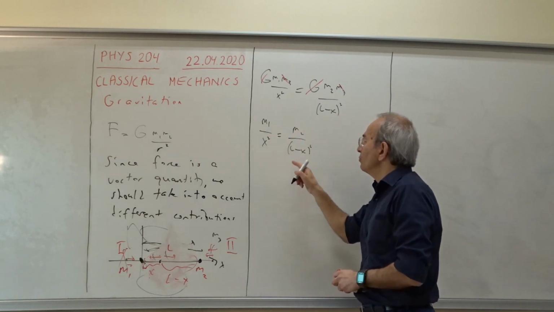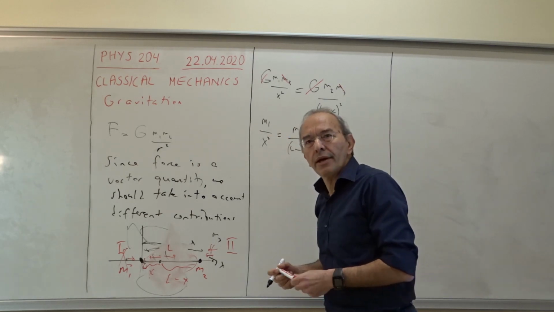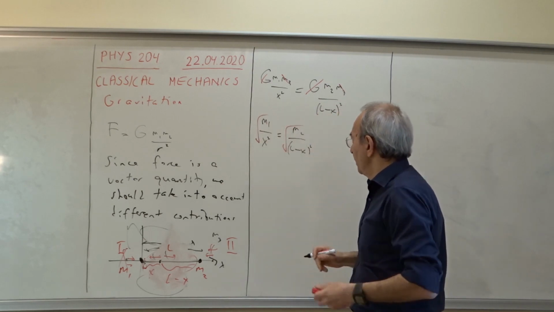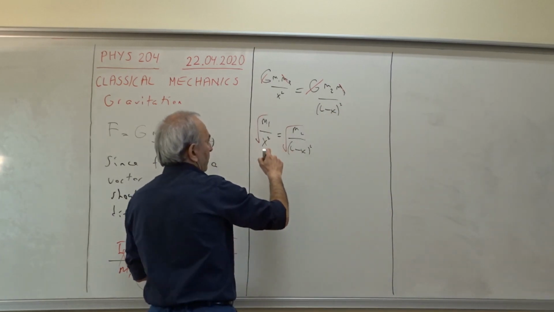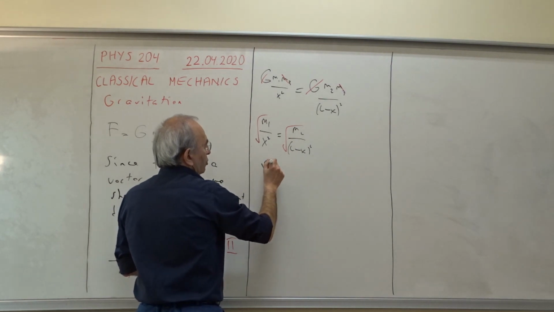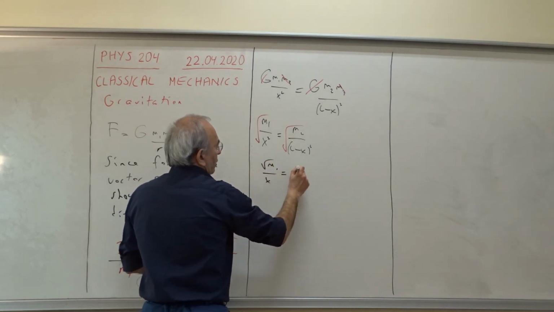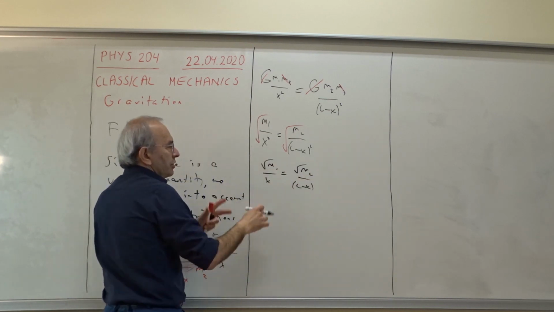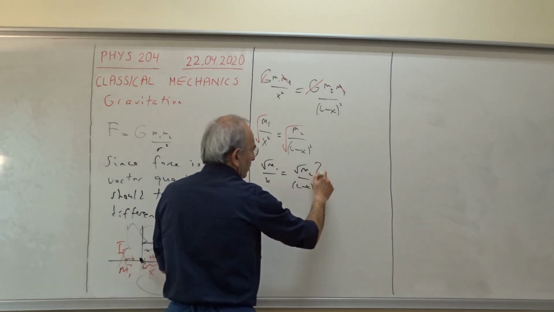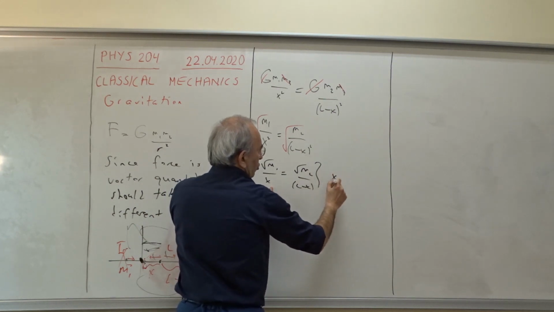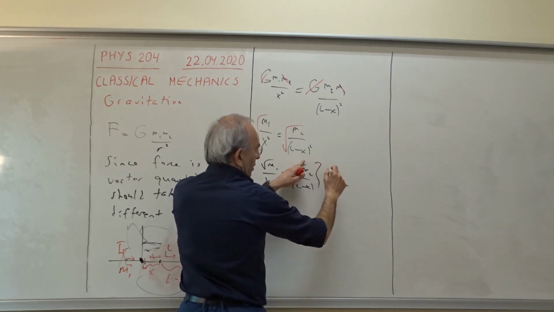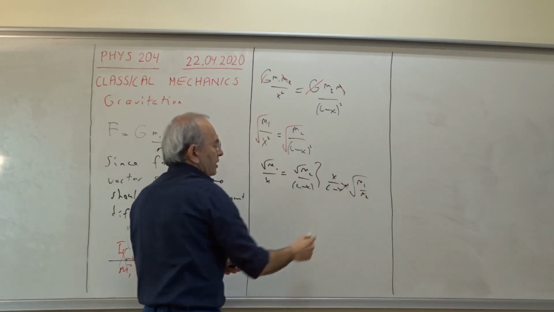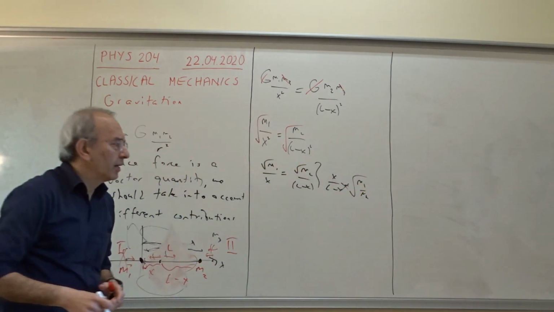If you know M1, M2, L, it is easy to get the unknown x, because if you take the square roots of both sides, this will be root M1 by x, root M2 by L minus x. So by arranging the rest, x over L minus x will be root M1 over root M2. And after just the equation, you can find the exact position.